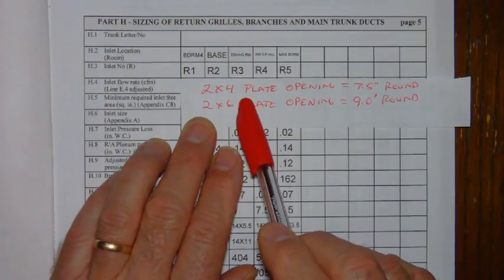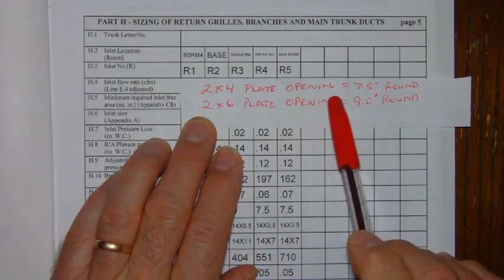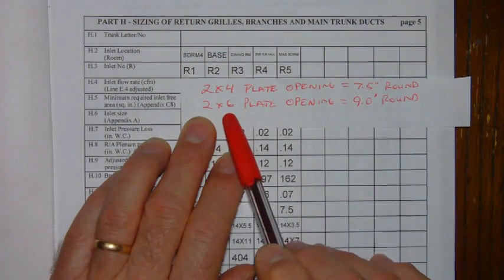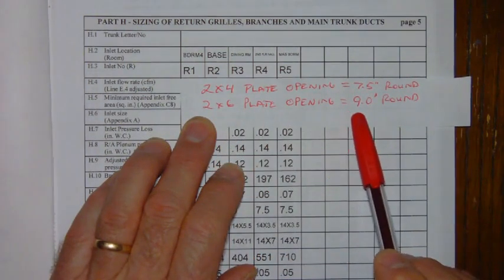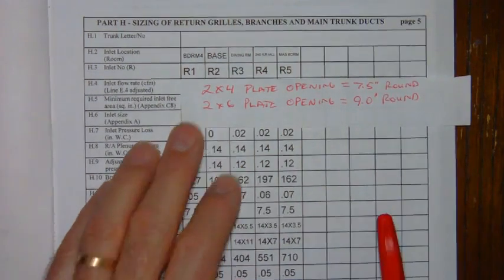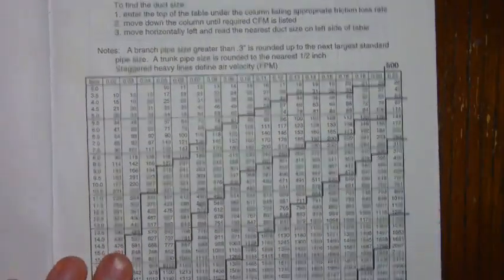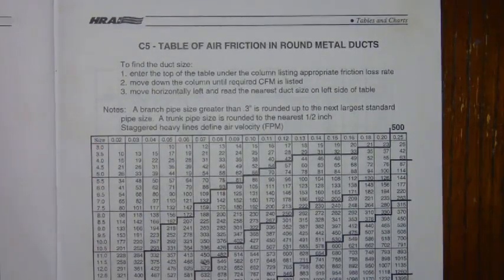Just a quick note before we move on. A 2x4 wall has a plate opening which is equal to a 7.5 inch round, and a 2x6 wall has a plate opening that's equal to a 9.0 inch round. This is important because our table for air friction loss is based on round ductwork.